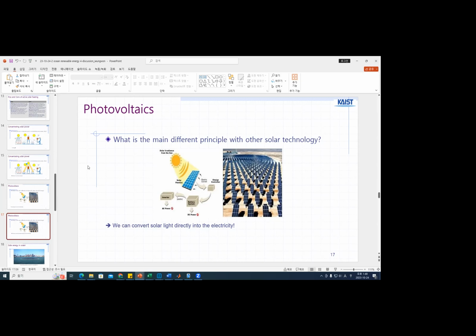So there is a medium stage for that, but in photovoltaics, we can directly turn sunlight into electricity.